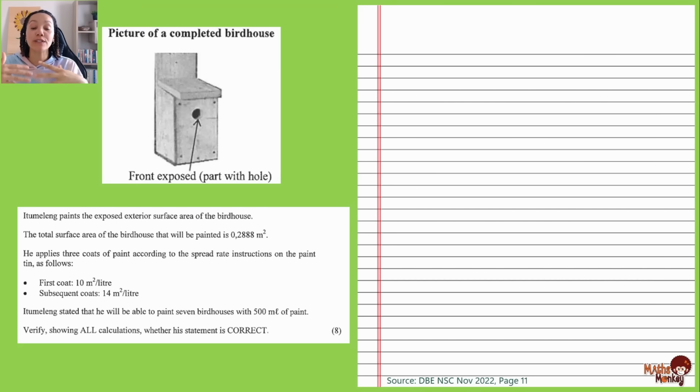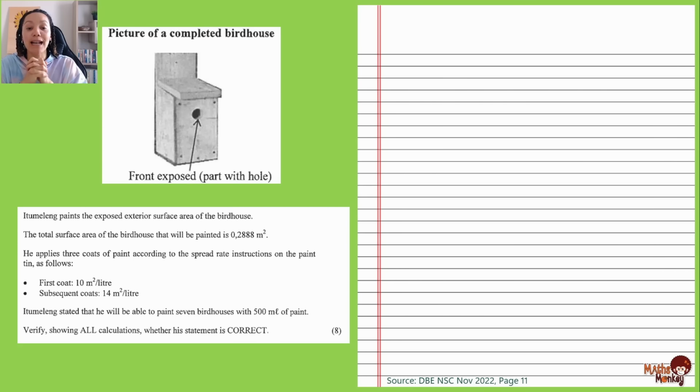You'll see the first coat actually needs more paint, right? When it says 10 meters squared, it just means that 1 liter will only cover 10 meters squared. Whereas for the second coat, that 1 liter can actually go further and paint 14 meters squared, right?